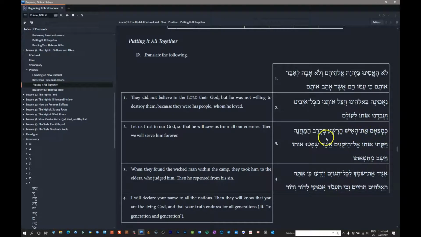When they found the wicked man within the camp, they took him to the elders who judged him, and he returned or turned away from or repented from sin, from his sin. All right, so when they found the wicked man within the camp, they took him to the elders who judged him, and he repented or he turned from his sin.